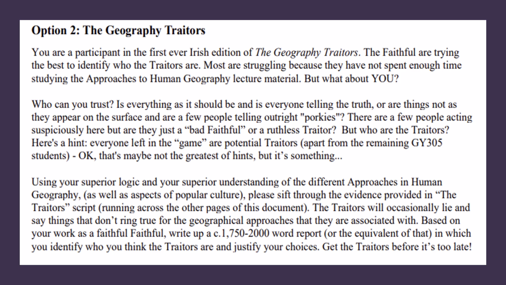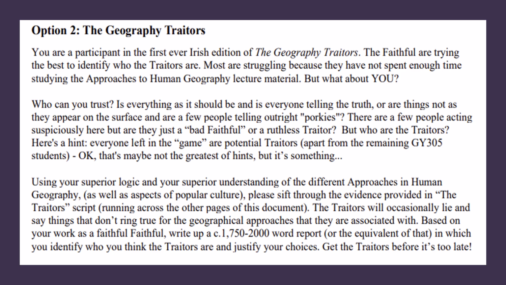So the hint here is ultimately for those of you who watched the Traitors, whether the Celebrity Traitors or any of the other versions of the BBC Traitors or RTÉ's Traitors Ireland over the last few months, you know the basic premise of this. There's roughly X number of people in the game.